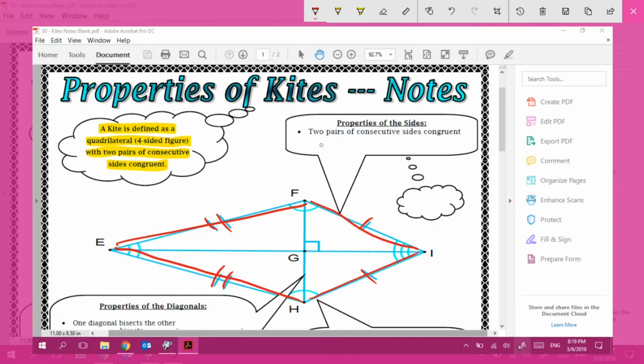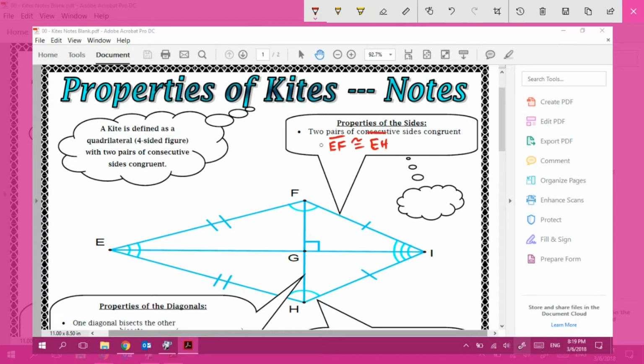All right. Now let's take a look at the properties of these sides. The two pairs of consecutive sides are congruent. So if I were to write an equation, EF is congruent to EH.